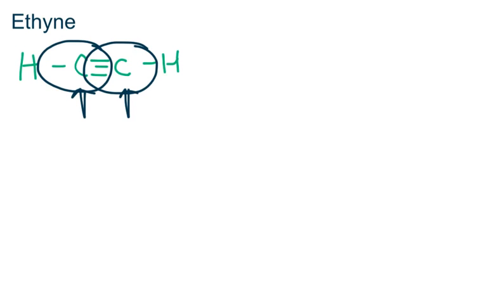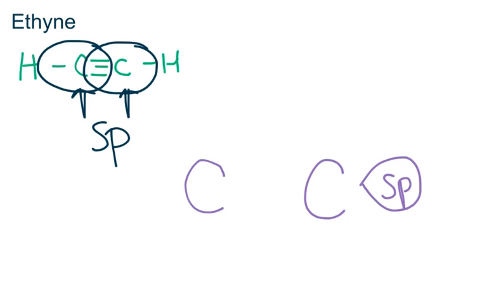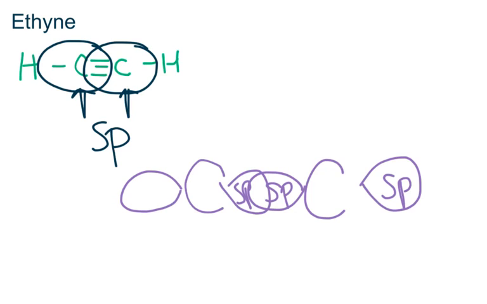If I were to draw the two carbons again with their orbitals overlapping, each one only has two sp orbitals coming off of it. That's an sp and an sp. And see how the bond angle here is 180 degrees, so we know this is going to be a linear molecule.